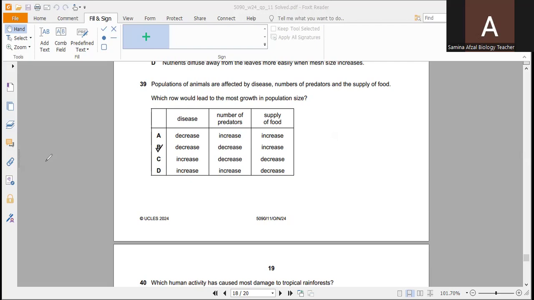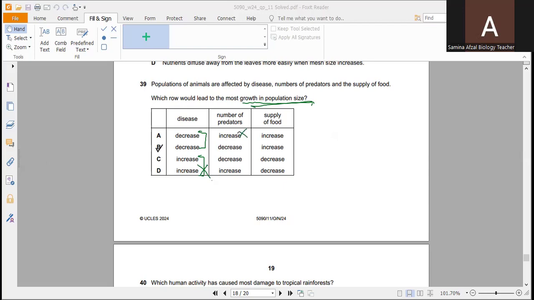It means there should be a decrease in the disease rate. If the disease rate is less, the population size will increase. The number of predators should not increase. If the number of predators is increasing, the growth in population size will decrease. So this is not correct.